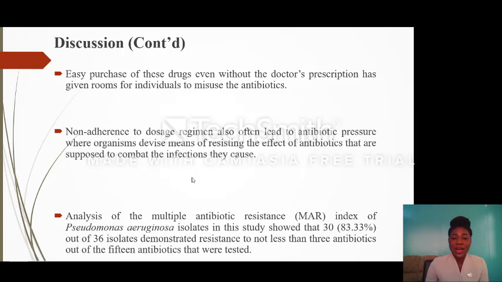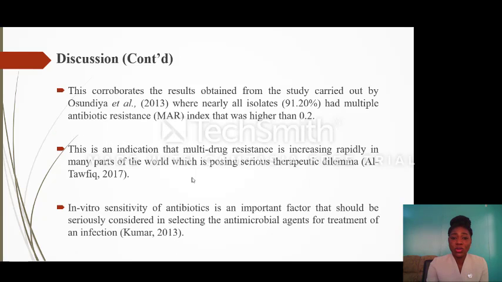Analysis of the multiple antibiotic resistance index of Pseudomonas aeruginosa isolates in the study showed that 83.33% of the 36 isolates demonstrated resistance to not less than 3 antibiotics out of the 15 antibiotics that were tested. This corroborates the results obtained from the study carried out by Oshundiya et al., 2013, where nearly all the isolates, 91.20%, had multiple antibiotic resistance indices higher than 0.2.